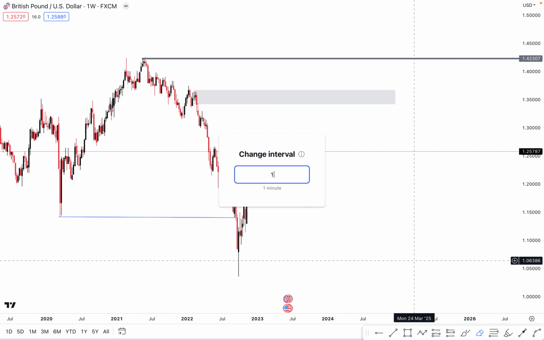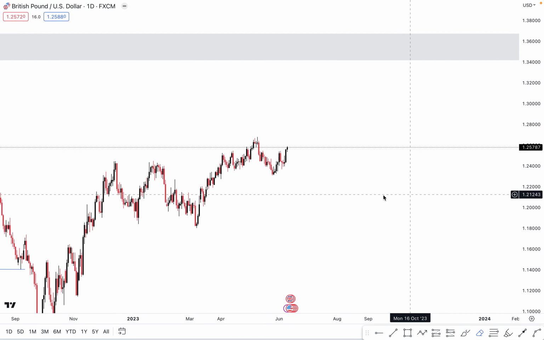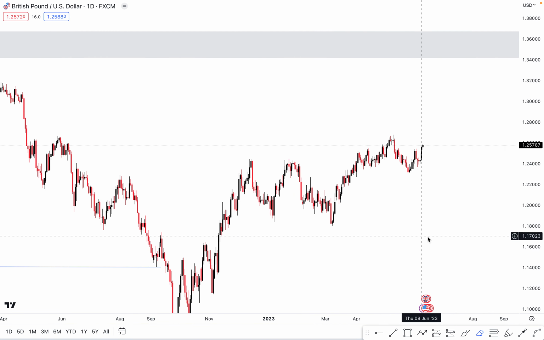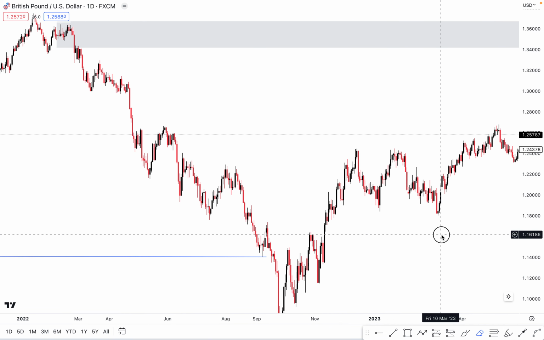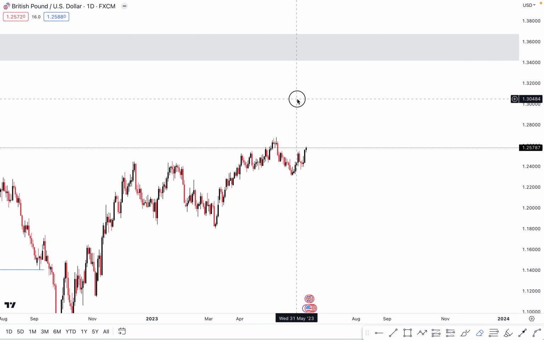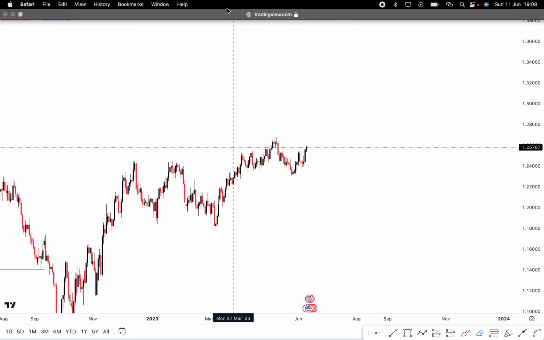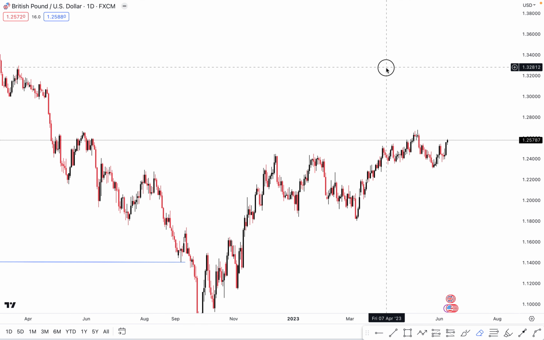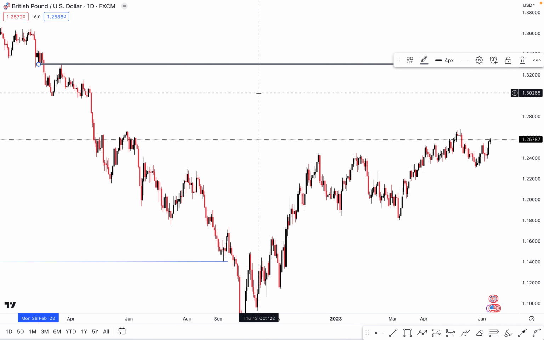So what we'll do now, we'll scale right down to the 1 day time frame. On the 1 day time frame, what am I seeing? So we notice that this is our supply zone. Let's just call this our supply zone for now, where we see my market coming to, right?